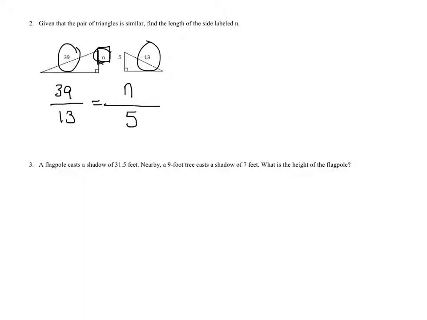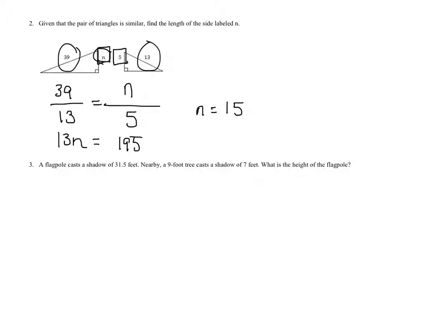These are corresponding sides. Good? So I am going to cross multiply and divide. So here we go. 39 times 5 is equal to 195, and that equals 13n. So then I'm going to divide by 13. I think I'm going to get 15. So n is equal to 15. And the nice thing is I don't have to put units because they didn't tell me what units they were.